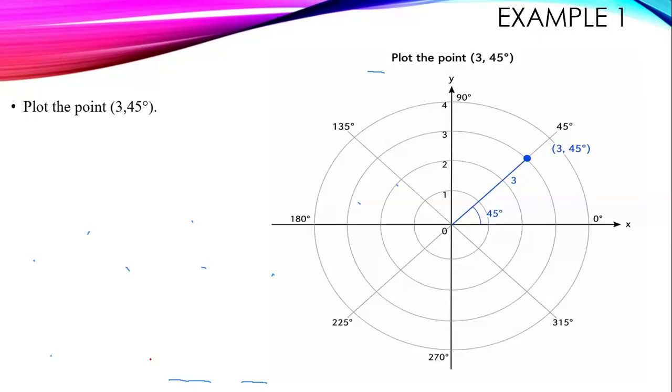So we move 3 units from the origin along that line and we move 45 degrees. Now this simple example here proves that the radius r, which is 3, and the angle or θ in this case would be 45 degrees. The next example.